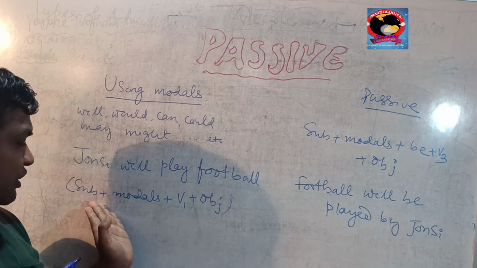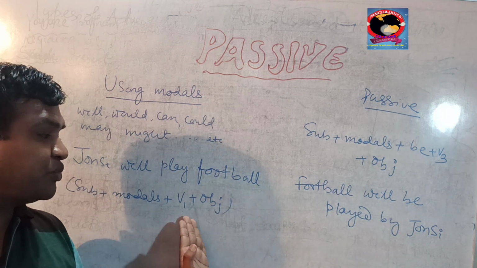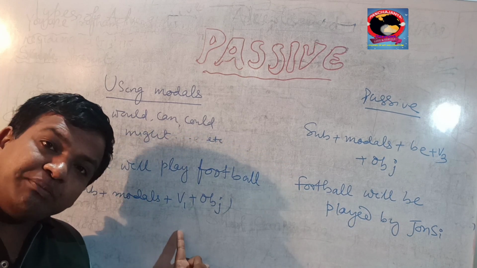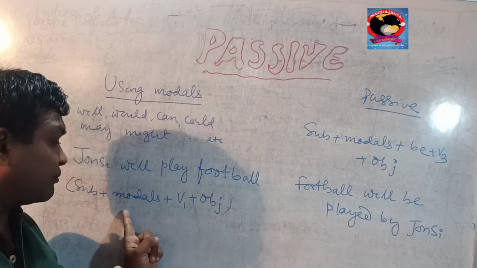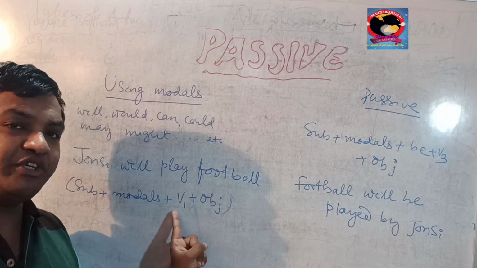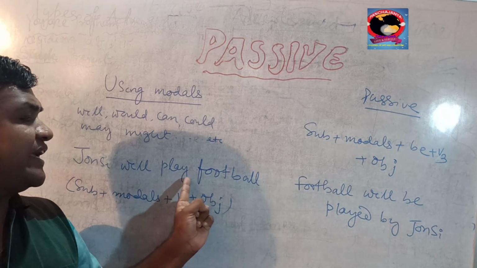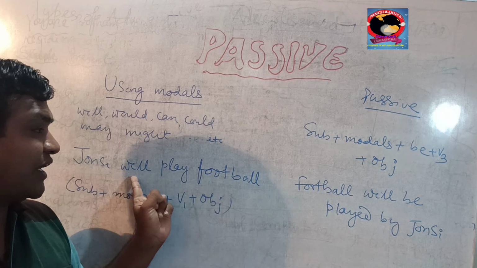The formula you see: subject plus modals plus V1 plus object. After modals only V1 will be used. Keep it in mind. Now, Jansi will play football. Jansi will is modal.